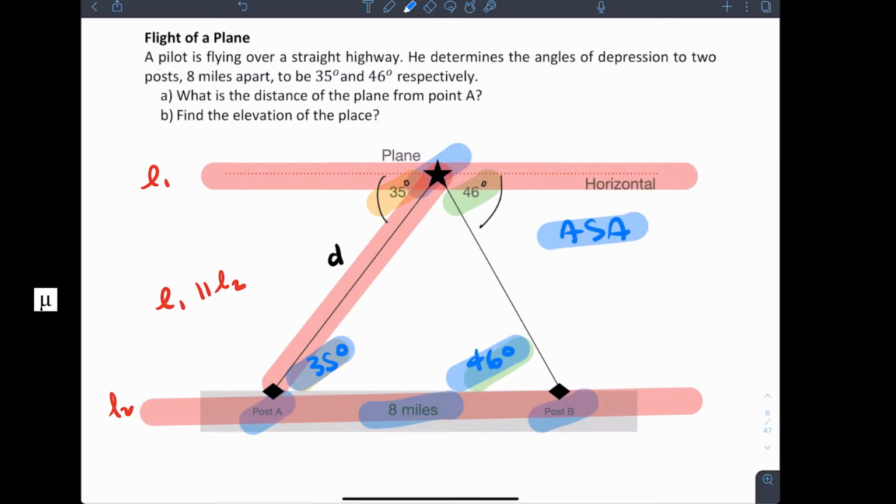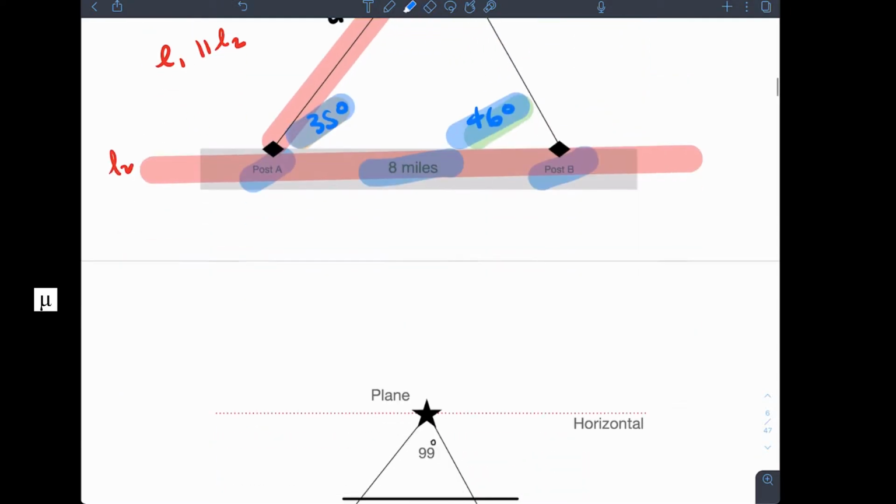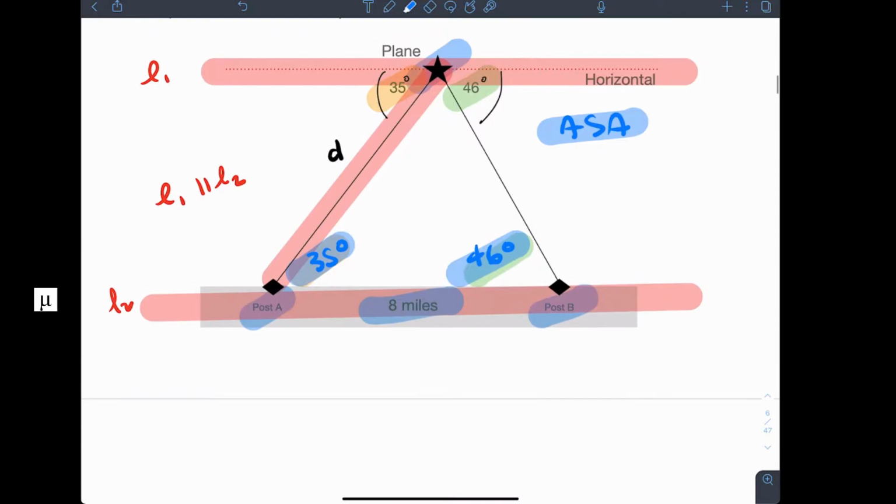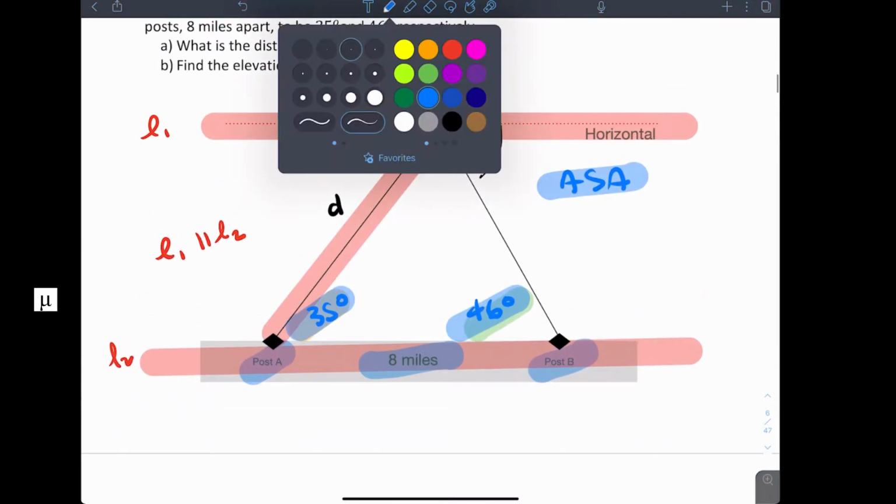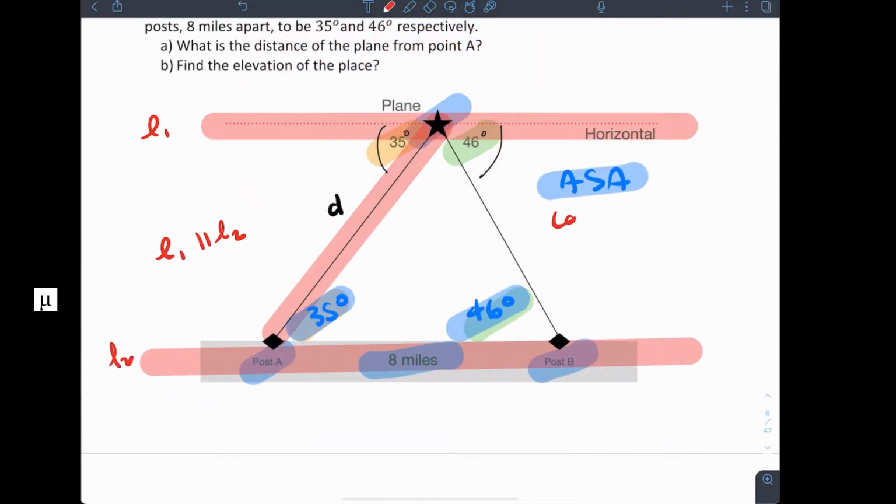All right, you guys okay with that? So how do we handle that? You guys know? You say, remember, law of sines again. This is what we also did. And so you get this angle. Isn't that 180 minus what? 35 minus 46. Is that right?